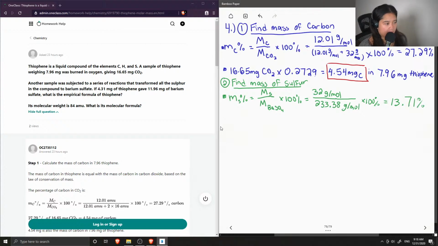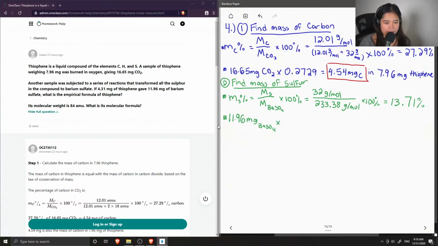Okay, so the question says if 4.31 milligrams of thiophene gave 11.96 milligrams of barium sulfate. So I'll show that 11.96 milligrams of barium sulfate has 13.71% of sulfur.